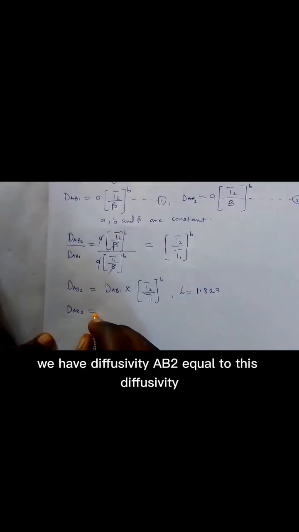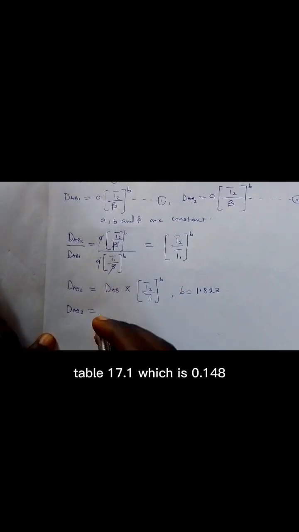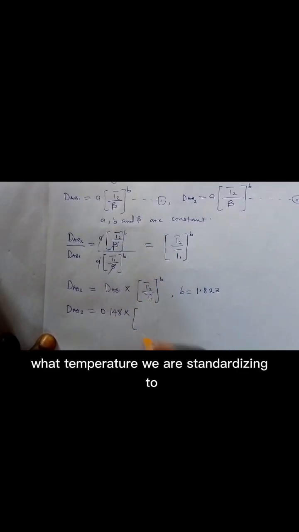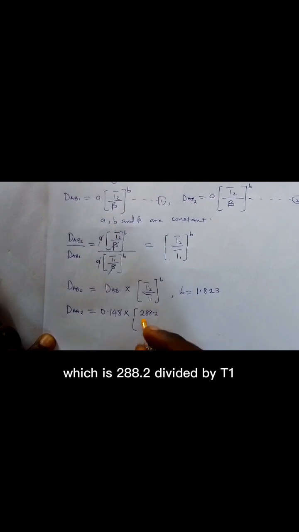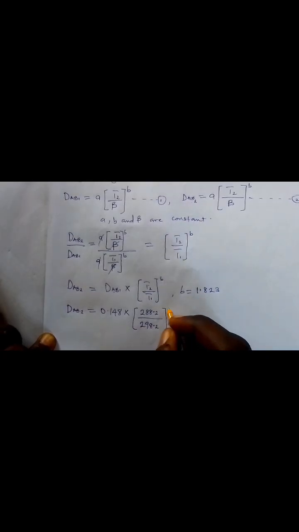We have diffusivity AB2 equal to the diffusivity we got from table 17.1, which is 0.148, multiplied by T2, the temperature we are standardizing to, which is 288.2, divided by T1, the temperature from table 17.1 corresponding to this diffusivity AB1, which is 298.2, all raised to power B, which is 1.823.